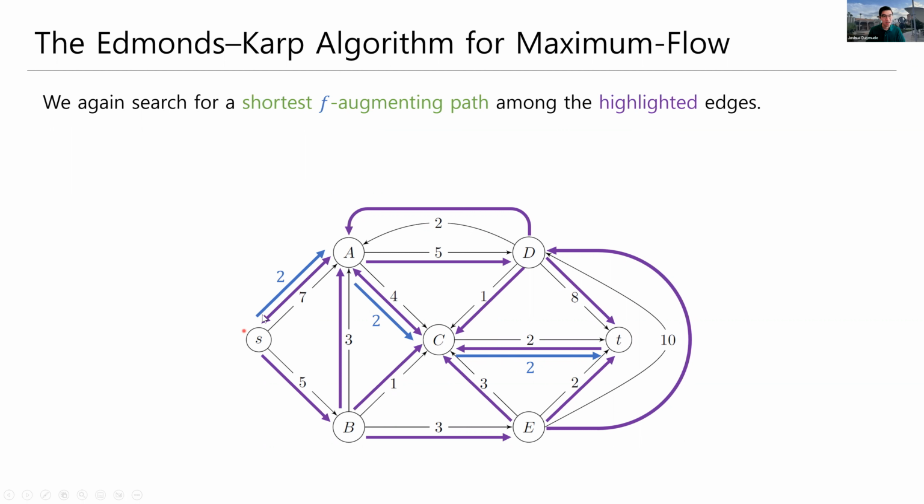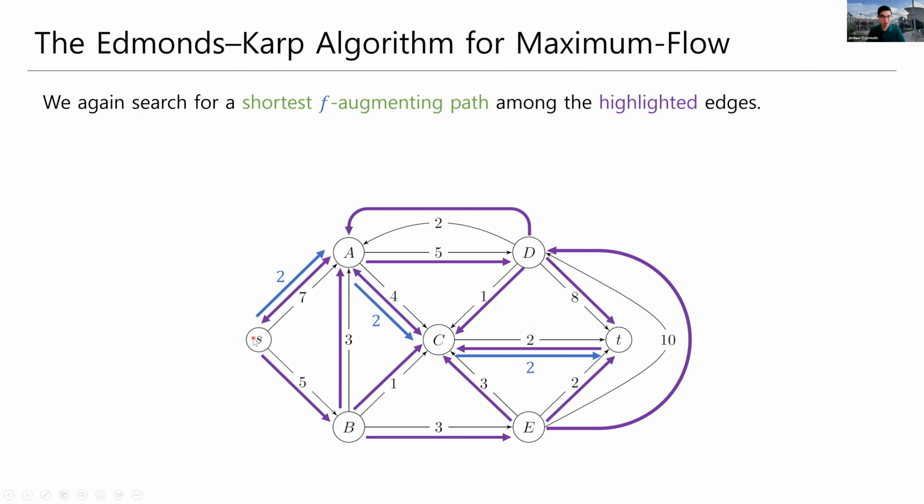Now there is positive flow happening on all 3 of these edges, which means we are allowed to traverse any of them backwards now. So you'll notice that there are backwards directions in the purple arrows for all 3 of these flow edges. However, we're also allowed to traverse some of them forwards.